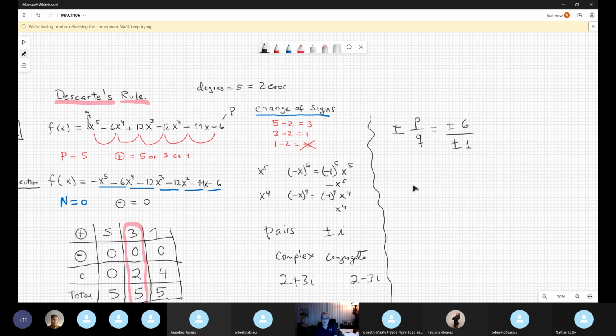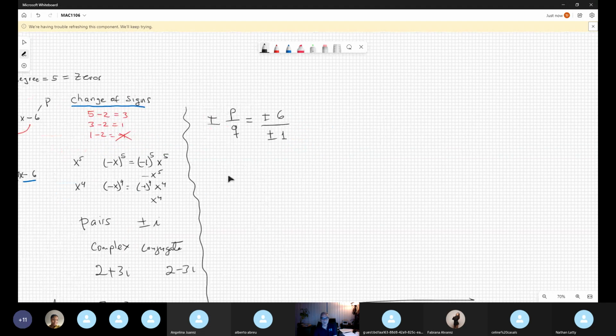So we have the factorization: 6 is plus or minus 1, plus or minus 2, plus or minus 3, plus or minus 6. It's the only possibility we have. And 1 is just plus or minus 1.